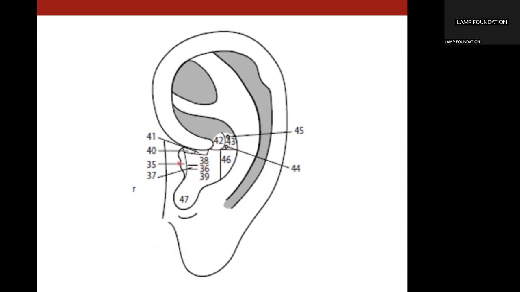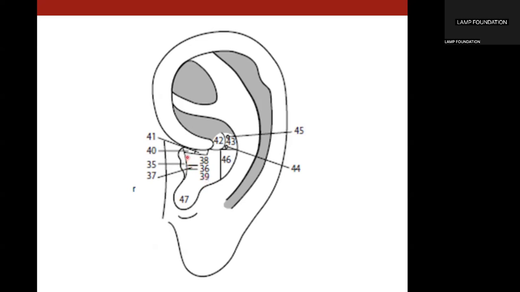Number 37 is the trachea point. Narrow horizontal area. It starts at the center of the mouth point and extends to the heart point. 38 is upper lung, depression above the heart point. 39 is lower lung point, the depression below the heart point.